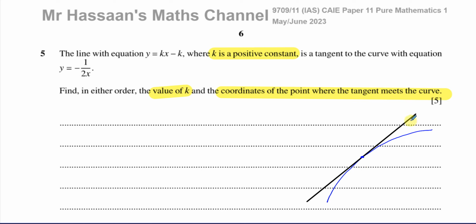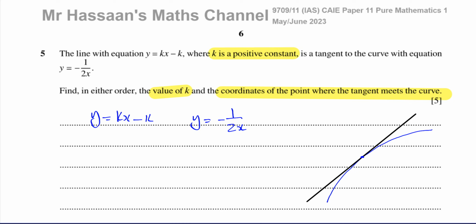Now, how do we find the coordinates of the points where a line and a curve intersect? We find that by solving the equation of the line and the curve simultaneously. So I have y equals kx minus k, the equation of the line, and y equals minus 1 over 2x, the equation of the curve. To find where they intersect, I solve this pair of equations simultaneously.